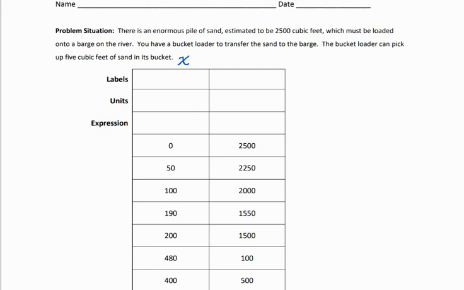Is it time? Not time this time around. It won't be time. I said buckets. Buckets, exactly. Good. Okay, this is the number of buckets we're removing. So if you just wrote buckets, that's fine, or number of buckets. And that unit is simply just buckets.